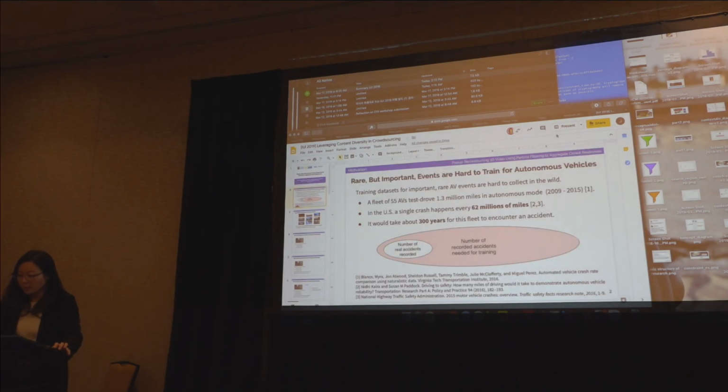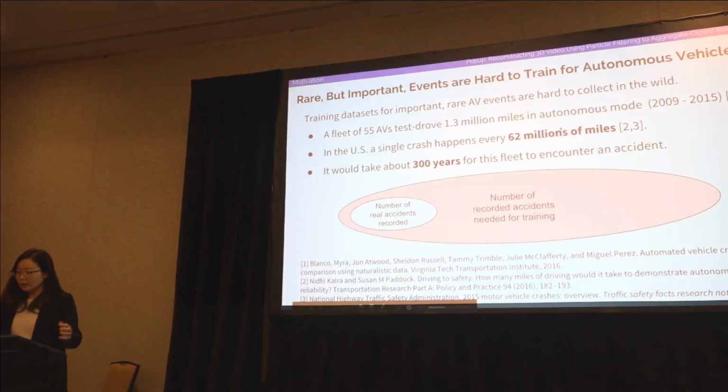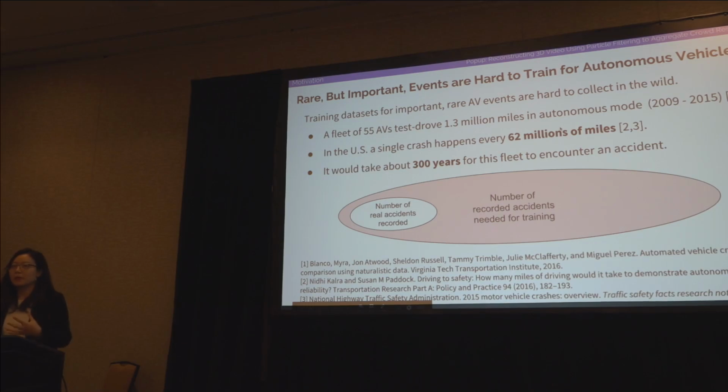The problem with trying to acquire the full sensor 3D data in the wild is that we don't often encounter these crashes, right? So Google ran 7 years of this in-the-wild data collection, and they could only encounter 11 light crashes.